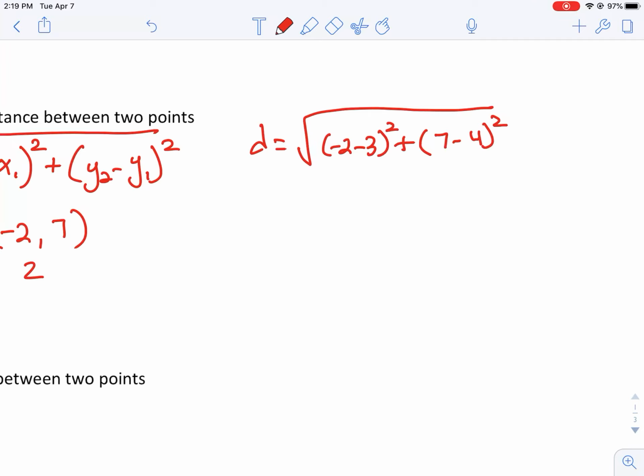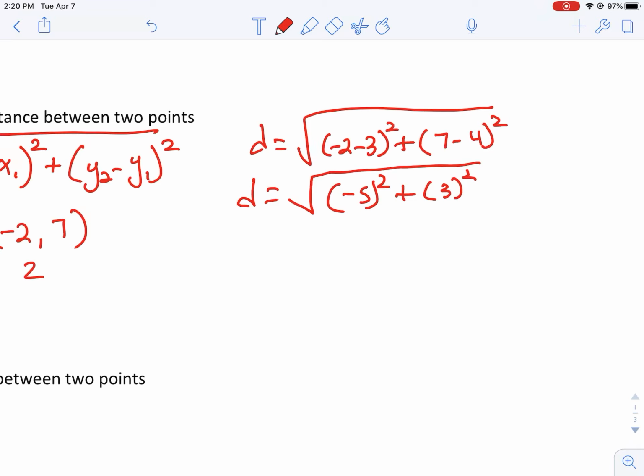Now, use your calculator. -2 minus 3 is -5. We're going to square that, plus 7 minus 4 is 3. We're going to square that, and the square root of the whole thing equals the distance.